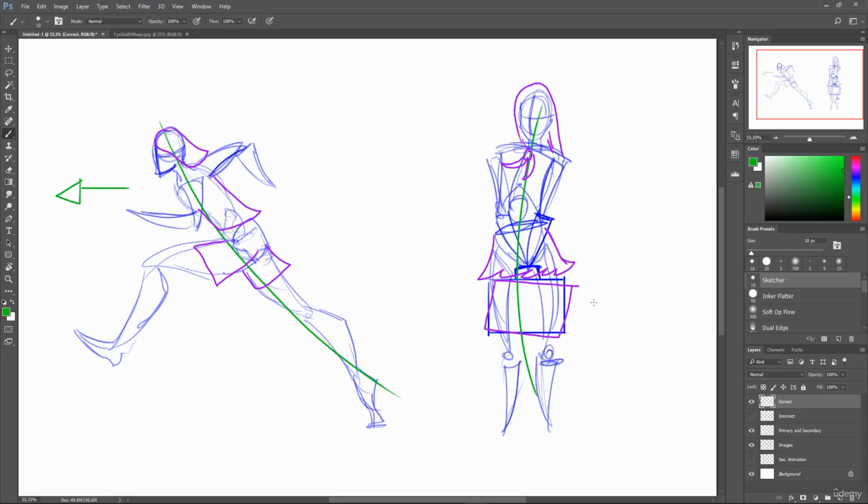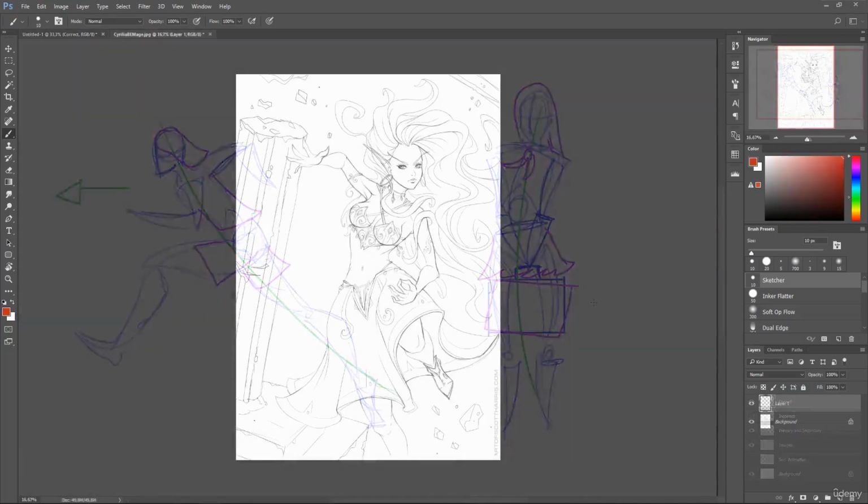Even if they're standing in a particular way, we will always want to ask ourselves, what are the secondary actions? Or have I drawn in any secondary actions? Am I drawing things that could have movement, that could have dynamism in a static way? This is extremely important to remember in your pieces, because having secondary elements that are static can really kill all the work you've put into making the primary action dynamic.